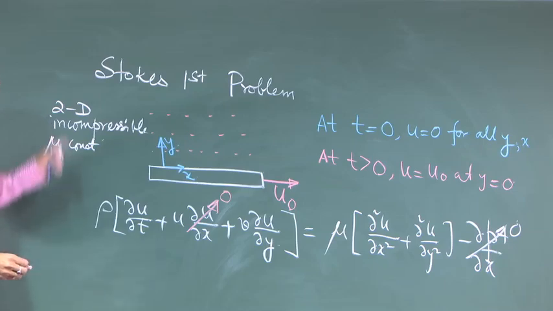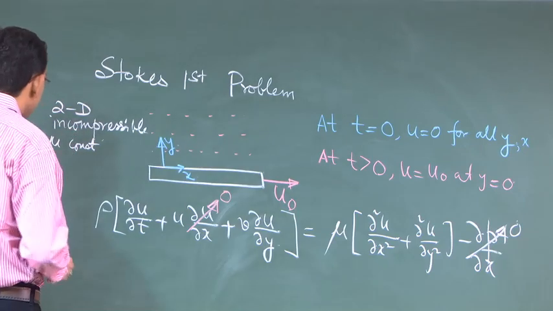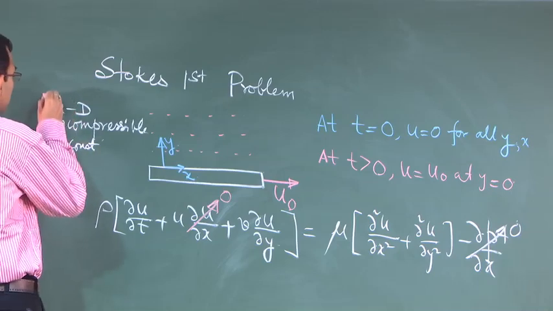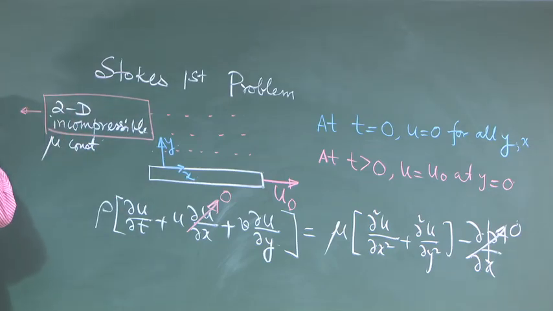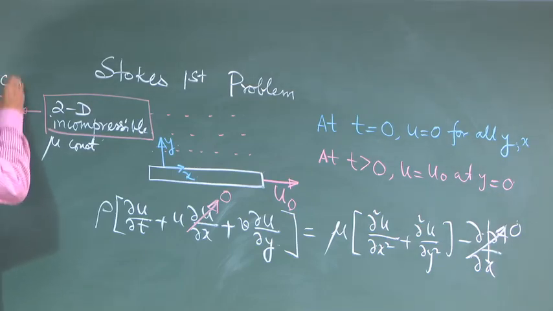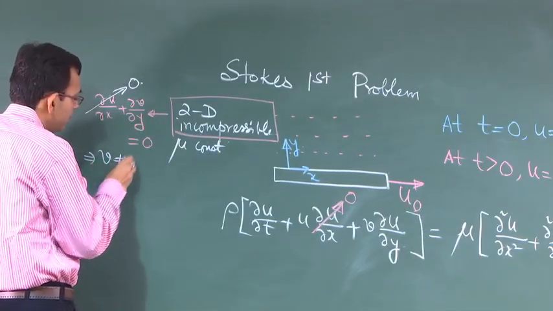And because it is a 2-dimensional incompressible flow, you can write the continuity equation like this. Because u is not a function of x, this term is equal to 0, which means v is not a function of y.